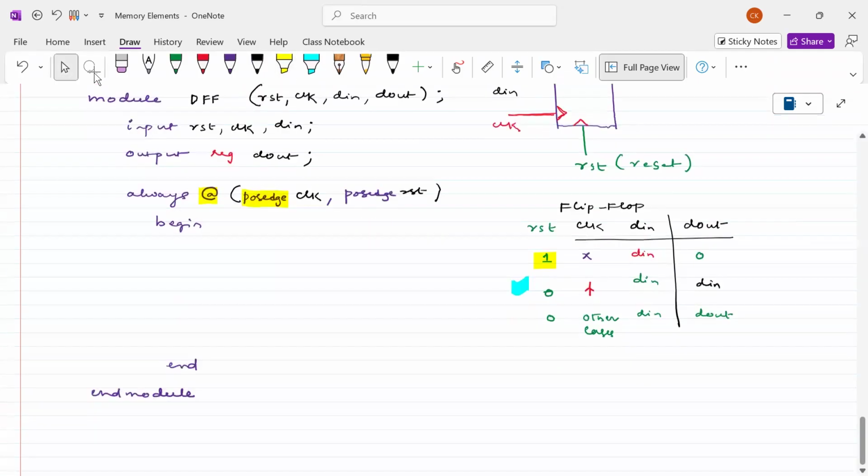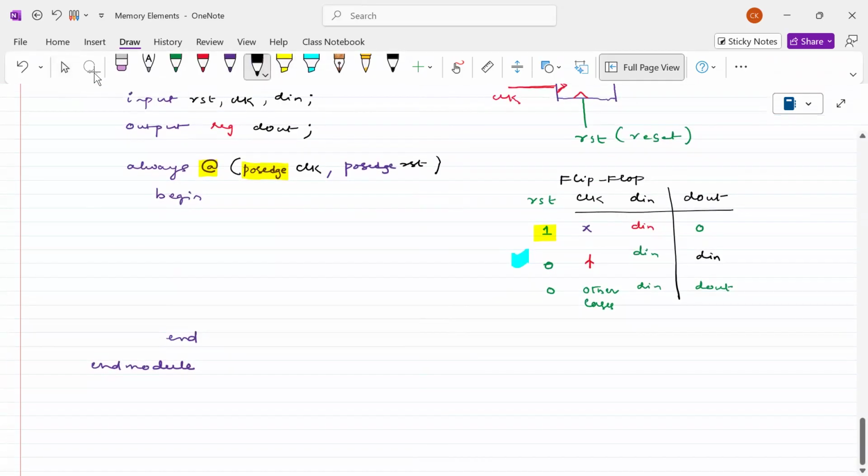Look at this one. Let me write this statement. If RST is true, if RST is 1, then D out is equal to 0. Then else, D out is equal to DAN.